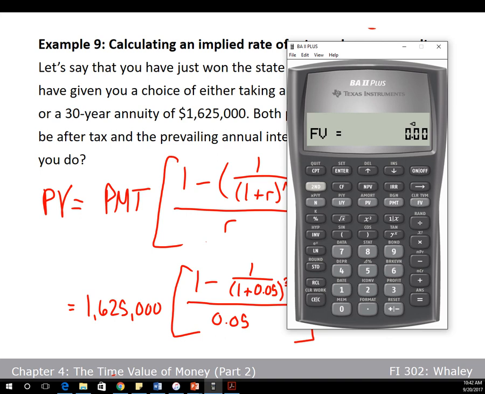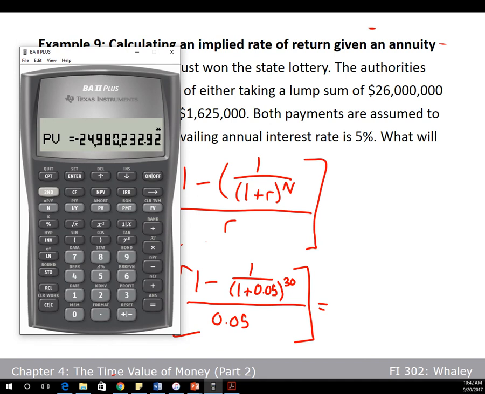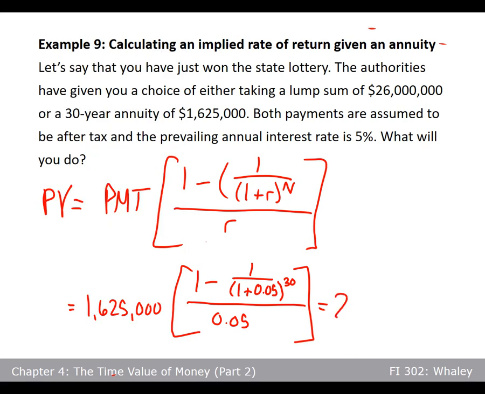And then I hit compute, present value, and I'm given that number right there, 24,980,232. And if you solve this formula down here in the slide, you would get that number as well. So I'm just going to simplify it a little bit, 24,980,000. Right? That's roughly the present value.